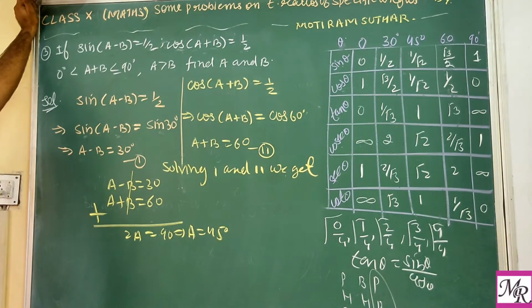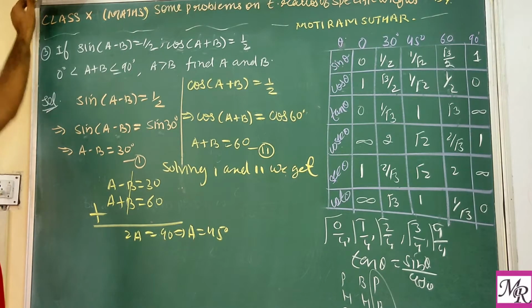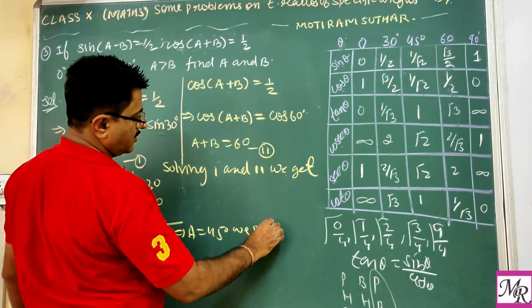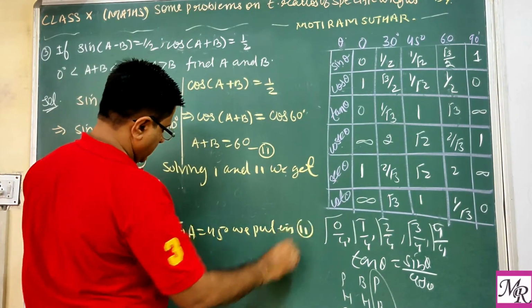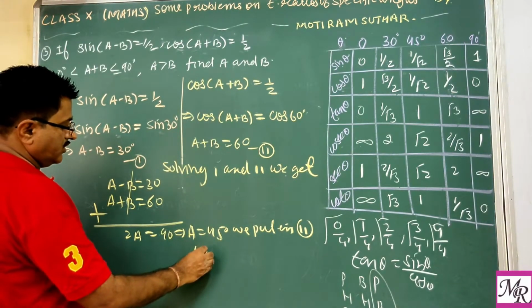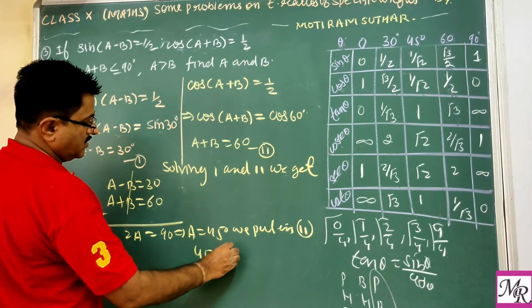So we get A equal to 45 degree. You can put this value of A in either the second or the first. We put it in the second. We put the value of A equal to 45 in this. So 45 plus B equal to 60.